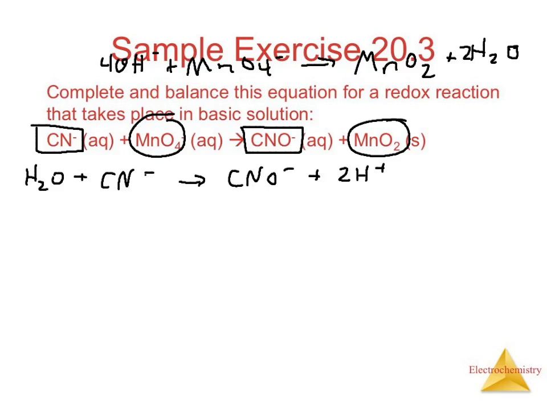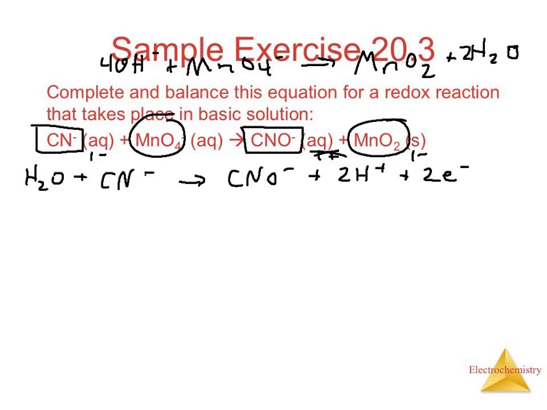Now we've got to look at our charge. Okay, overall this is a 1- on this side. This is a 1+ on this side. So in order to get that balanced, we have to add 2 electrons to this side. Okay, so now that becomes a 1- just like on the other side. So that's balanced. And again, I'm adding H+. That's not really what's happening in solution. It's OH-, not H+, but we're pretending for a second here.